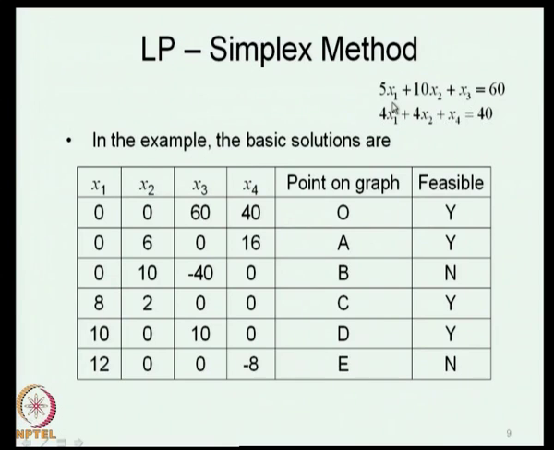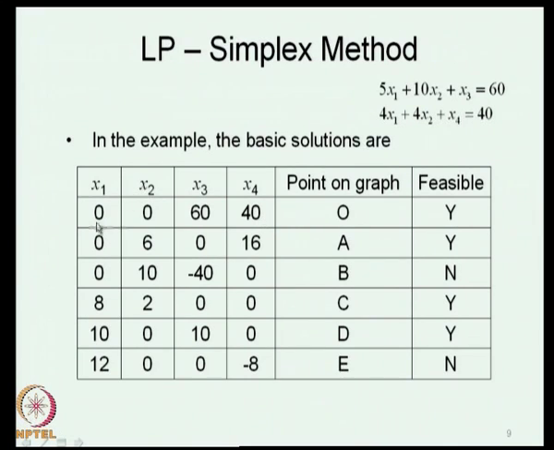What is the basic solution? In this particular case, we set 2 of the variables to 0 and solve for the remaining 2. Let us say we set x 1 and x 2 equal to 0. So, out of these 4, we keep setting 2 of the variables to 0 and solve for the remaining 2. So, x 1 equal to 0, x 2 equal to 0. What happens? x 1 is 0, x 2 is 0, therefore, x 3 will be 60 and x 4 will be 40.